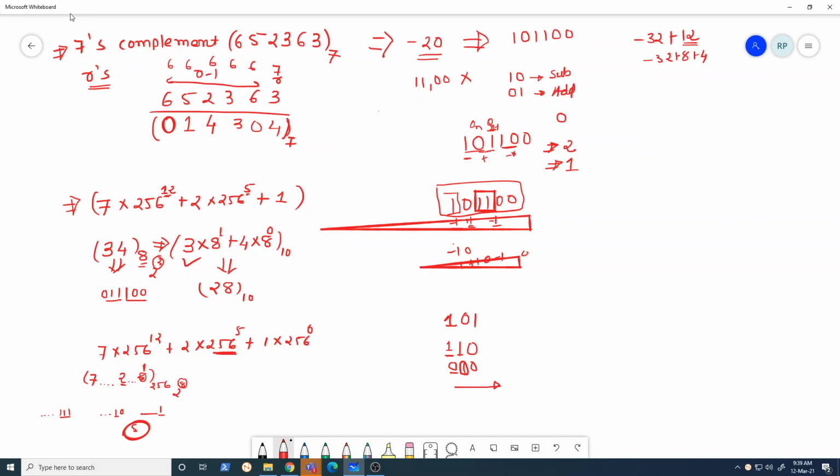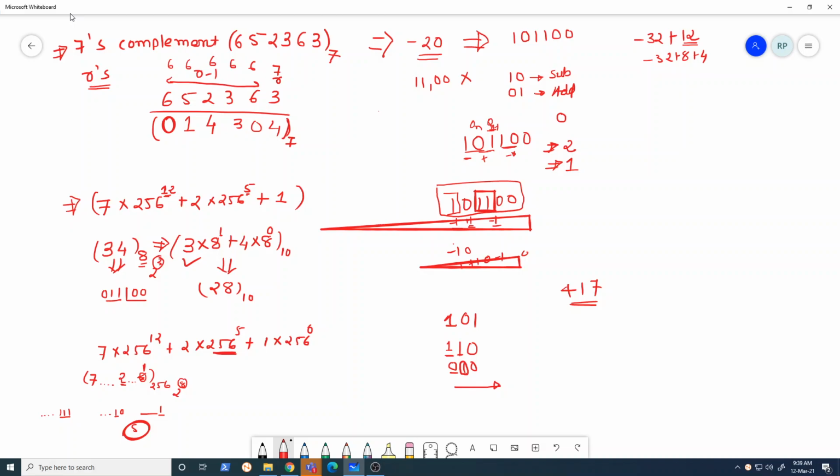Okay. Then what is the 2's complement representation of 17? You need to find out the 2's complement representation. And I have told you so many times that for a positive number, the sign magnitude representation, 1's complement representation and 2's complement representation are the same.